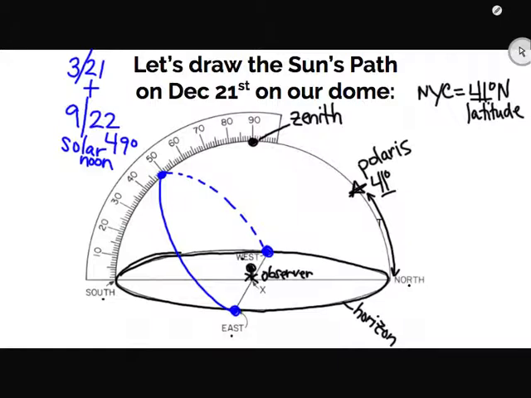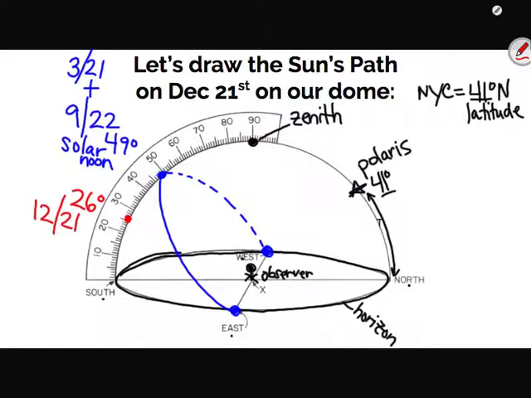Now we're going to label our December 21st line. And I'm going to do this one in red. I don't know, red, I just don't really like winter. Red to me means no. December 21st, the sun is a lot lower. We saw that in the animation. The highest it gets in the sky at solar noon is 26 degrees above the horizon. We're going to label this 12/21 because that's December 21st.